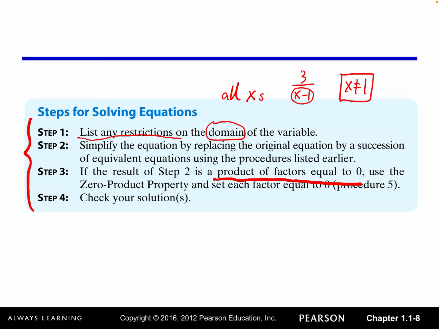After step 2, if you got an equation like x times x minus 3 equal to 0, for example, then we can apply the zero product property, which is to set each factor to 0. So either x equal to 0 or x minus 3 equal to 0. And then we can further solve x equal to 3. Okay, that's what step 3 means.